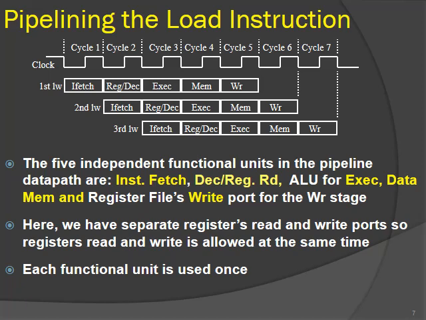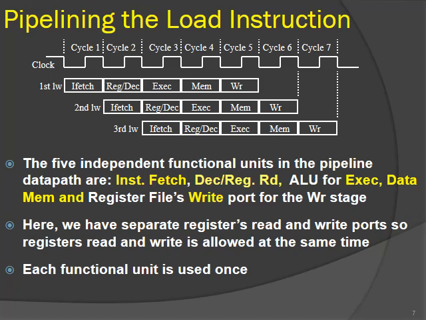These are the 5 stages of a 5 stage instruction set, which were discussed in the last lecture also. We may notice that the register file is treated as separate functional units for the read and write ports, because the register file allows reading and writing at the same time.